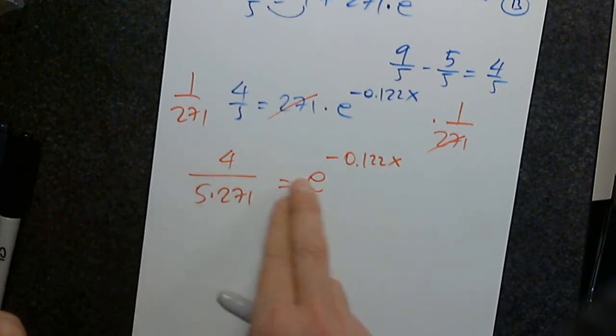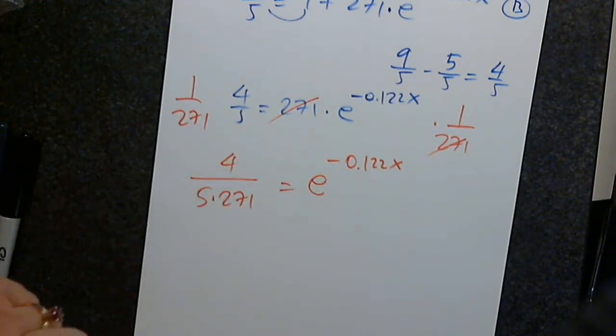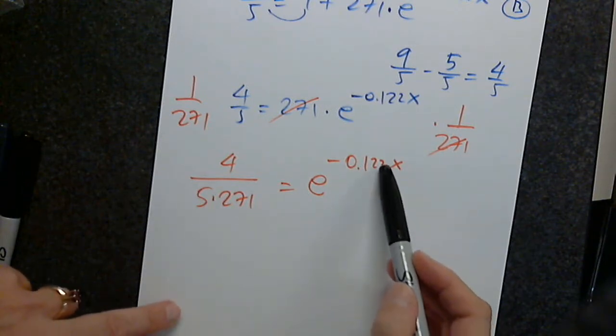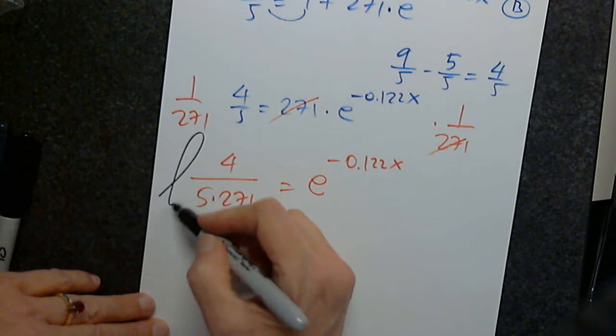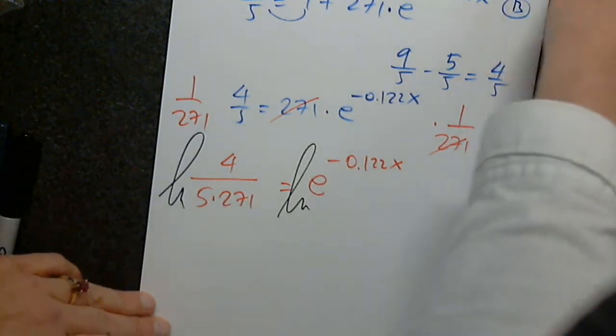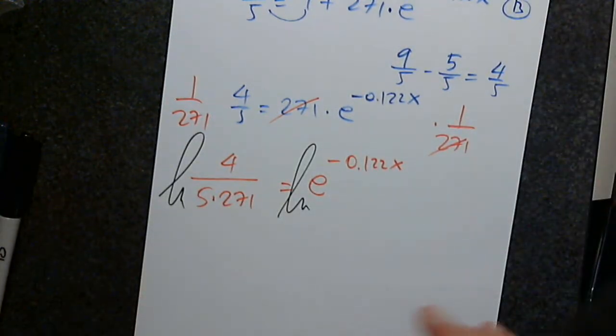So this is a number and this is e. I cannot present both with the same base. But then what do we do? There is a technique that allows me to simplify. I apply something to both sides that allows me to bring the power down. Exactly. Natural log, to be exact.